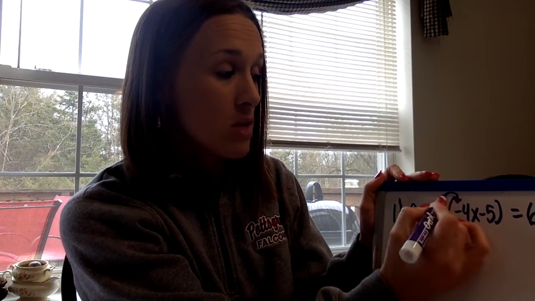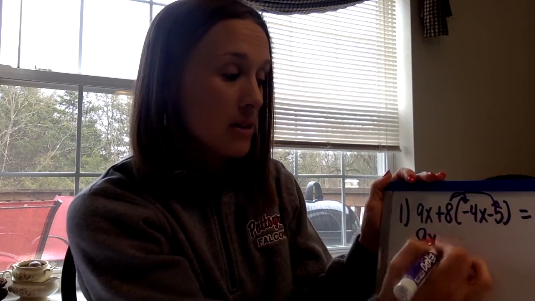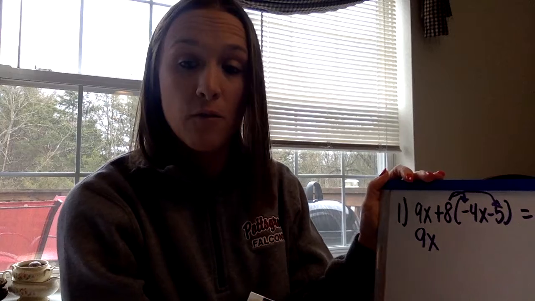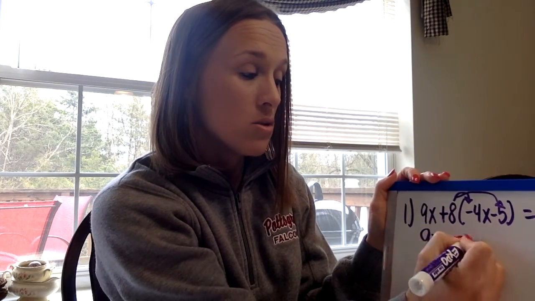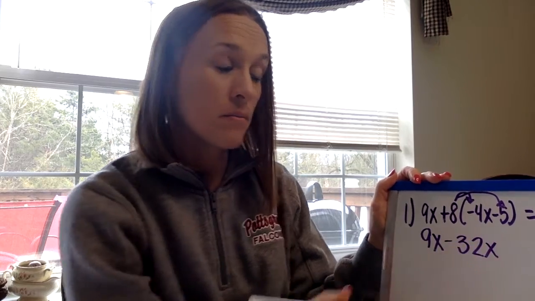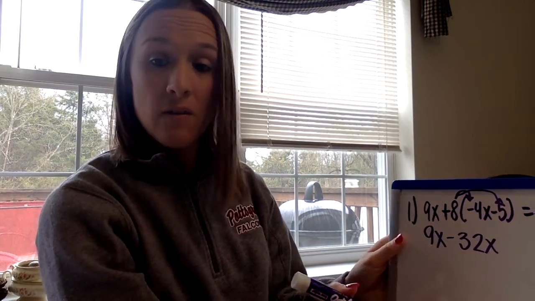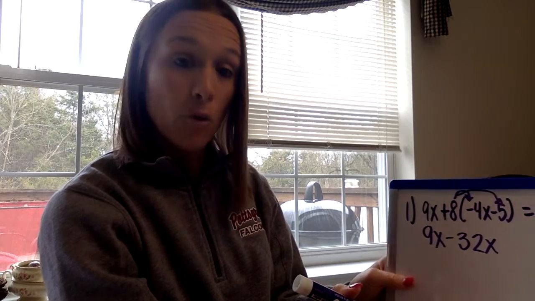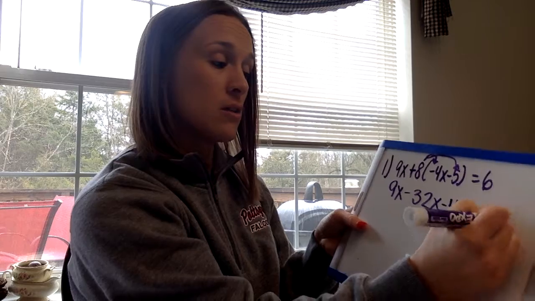So you're going to distribute this and this. All right, so it's going to be 9x and then 8 times negative 4, so that's negative 32x. And then 8 times negative 5 is negative 40. So you're going to write minus 40 equals 6.